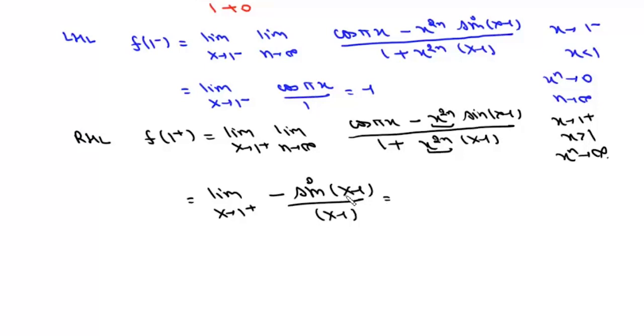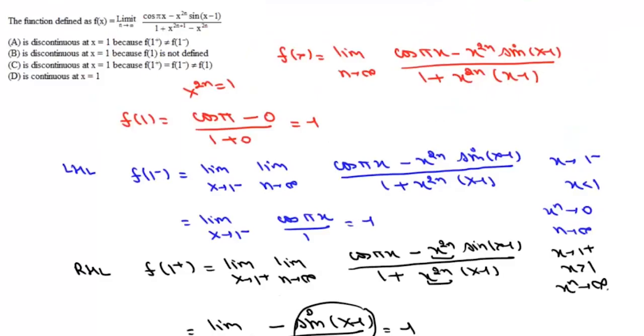Now this is 0 upon 0 form, which is standard sin x upon x limit. So its value is minus 1. So for this function, left hand limit is equal to its right hand limit, and it is equal to its function value. So this function is continuous at x equals 1.